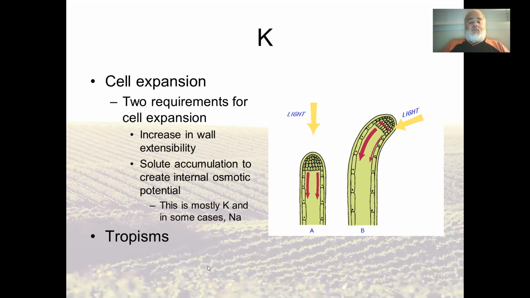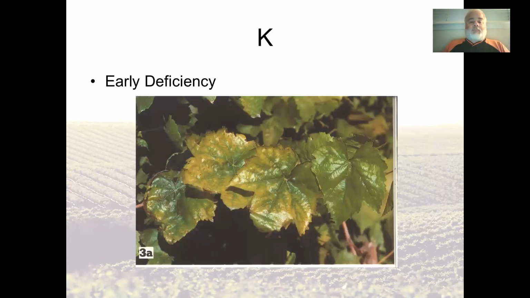So in terms of tropisms, the ability of plants to move either in response to light or in response to touch with a tendril, you need plenty of potassium for these tropisms to effectively work.